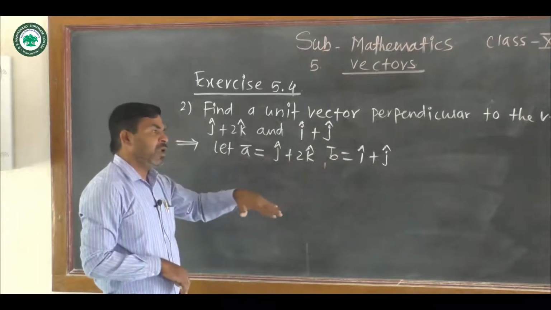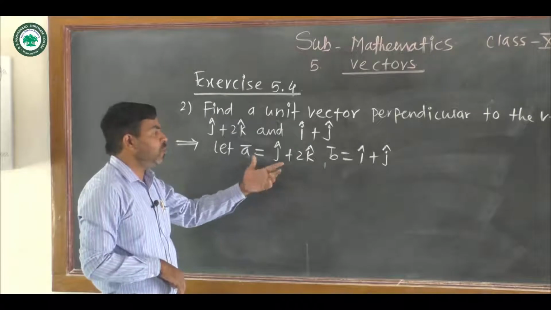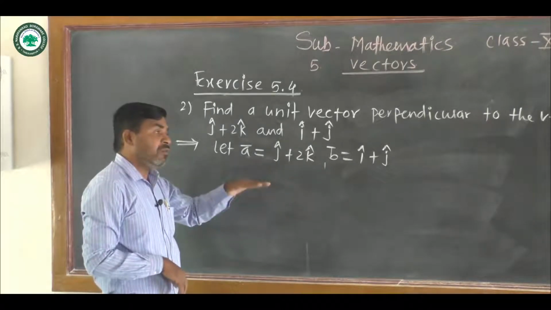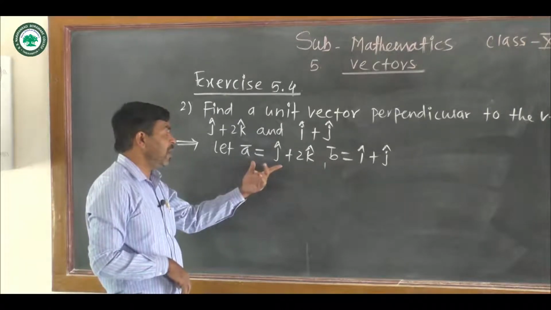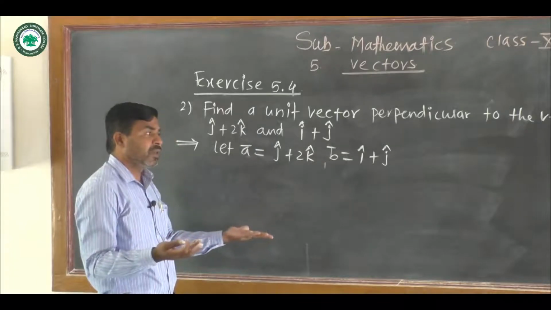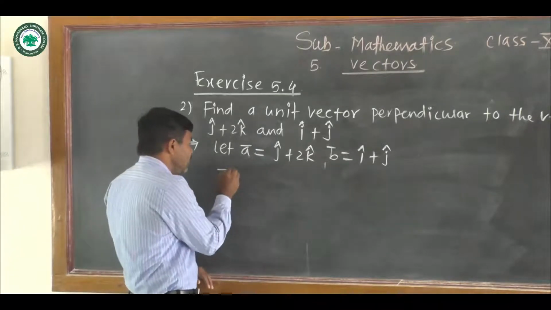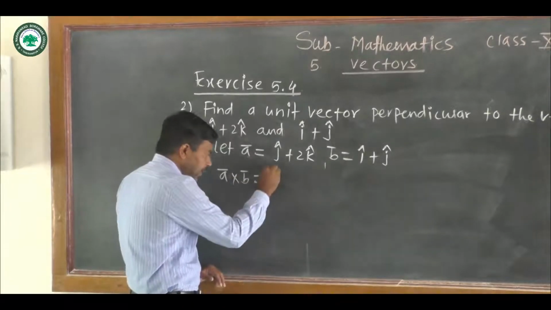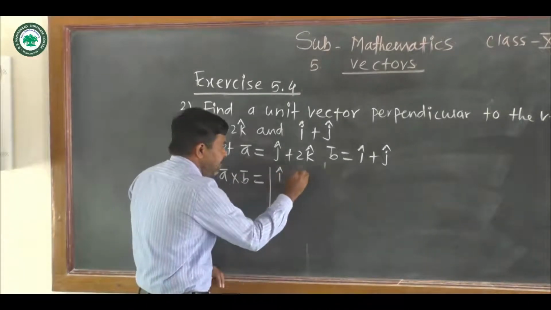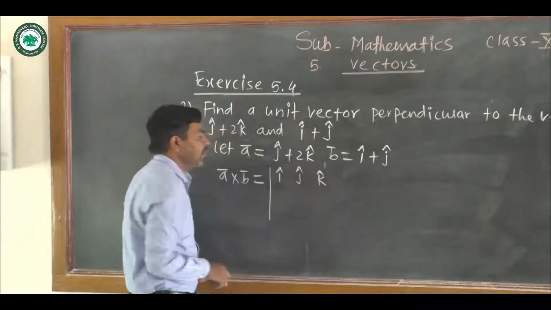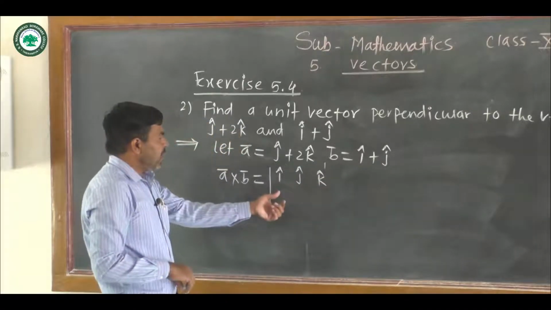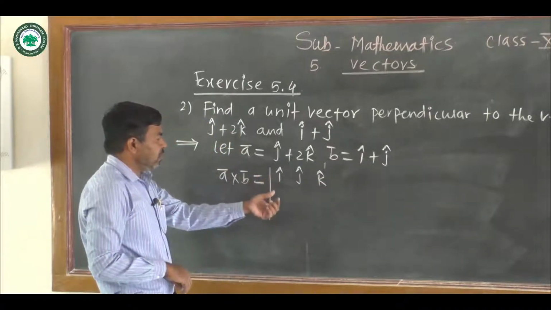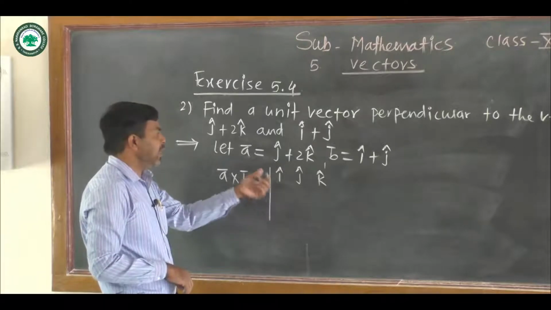First we find a vector which is perpendicular to A bar and B bar, and we know that a vector which is perpendicular to A bar and B bar is A bar cross B bar. So A bar cross B bar is equal to the determinant I cap, j cap, k cap. Now in the second row, write the coefficients of I, j, k in A bar.